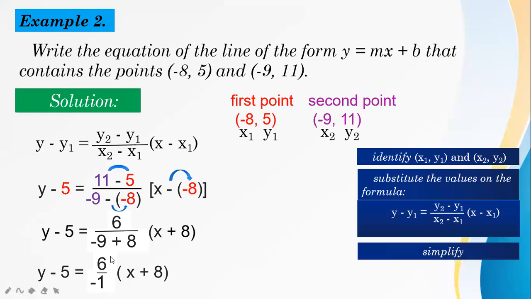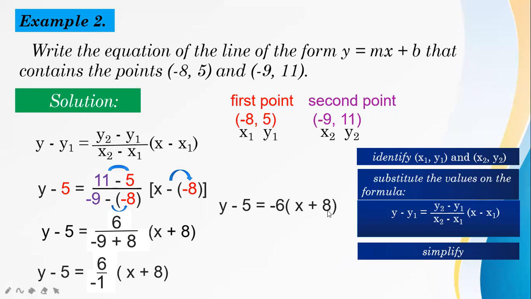Then subtract, then follow the sign of this number because 9 is greater than 8. So we have negative 1. Then copy or bring down x plus 8. Then 6 divided into negative 1. And therefore, we have y minus 5 equals negative 6.